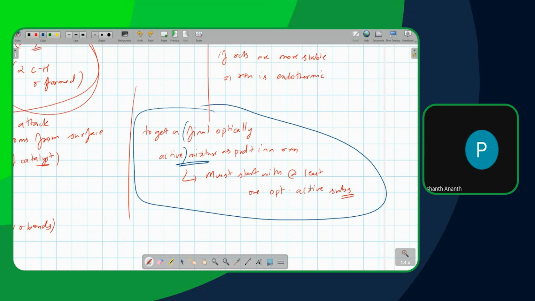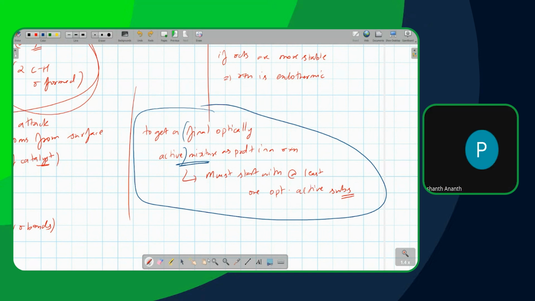You start with a racemic mixture which is optically inactive, you will get a racemic mixture or something which is finally optically inactive. Only when you start with something which is pure will you get something which is optically pure. Or at least you have a chance of that. Sometimes even when you start with something optically pure, you will be getting only something which is optically inactive at the end.